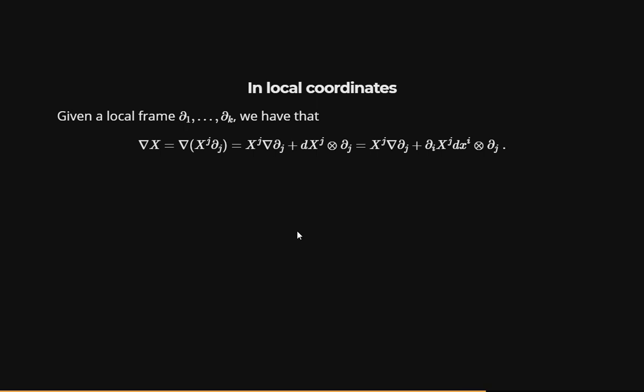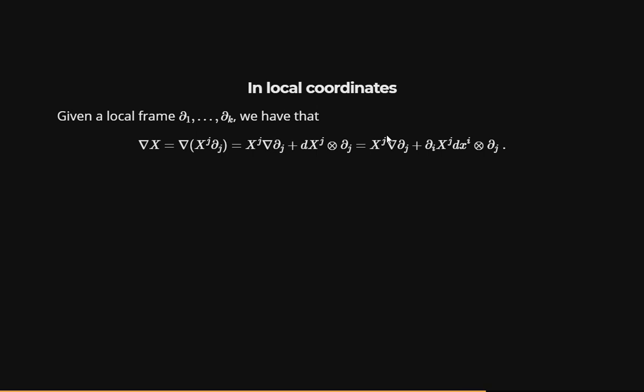Now, in local coordinates, given a local frame, we write our vector in the local frame, and we apply the Leibniz rule. So we take out the coefficients, and we apply the connection to one of the vector fields of the local frame, plus we take the differential of the coefficients tensor the local frame.